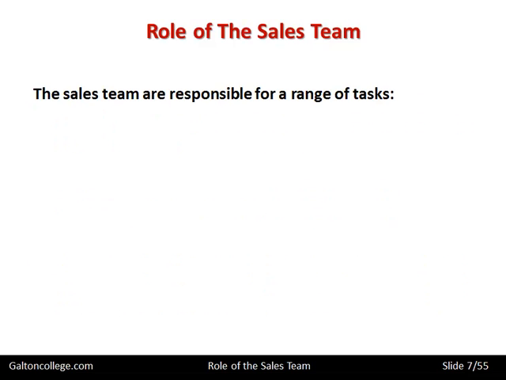Now, the role of the sales team, well, they're responsible for a range of tasks. For example, in identifying potential customers. Well, the sales team will have expert knowledge of a particular market. They will know the companies that operate in the market. They'll know the outlets.